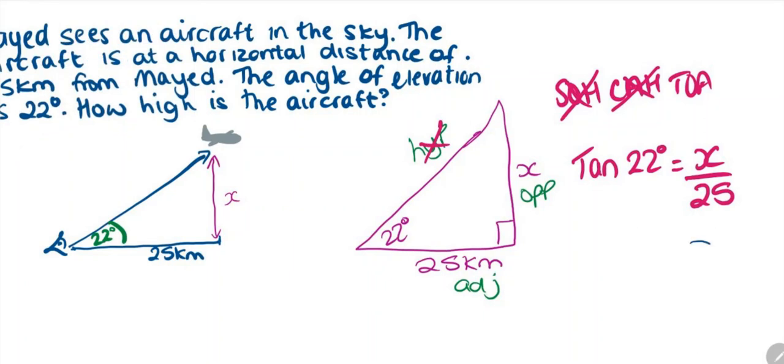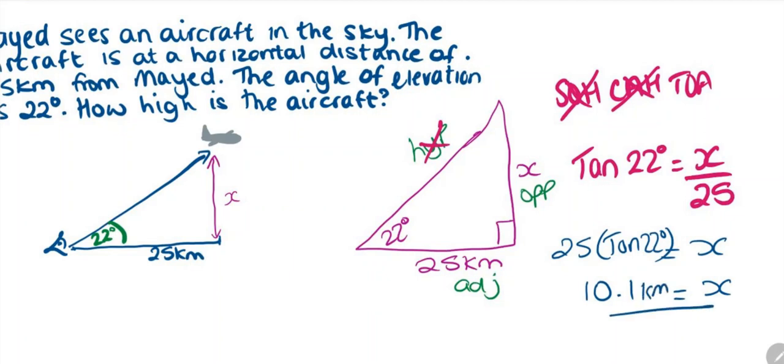So we have x is equal to 25 multiplied by tan 22. And if you put that into the calculator, 25 multiplied by tan 22, x is 10.1. So that's 10.1 kilometers. So the aircraft is 10 kilometers high.